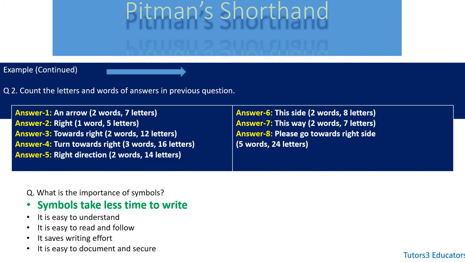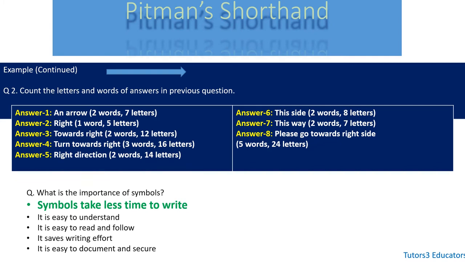So what is the importance of symbols then? 24 letters and 5 words. You take the pen off 24 times. You have to write these letters 24 times, and for these 5 words, at least 5 to 7 times you have to take the pen off and then write.